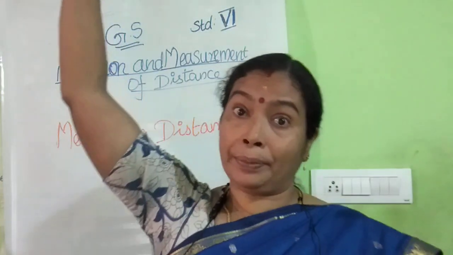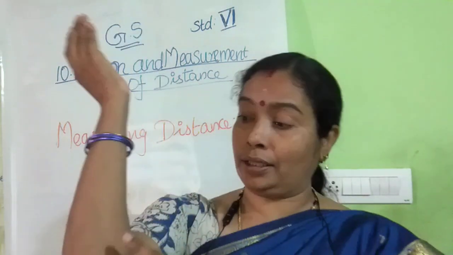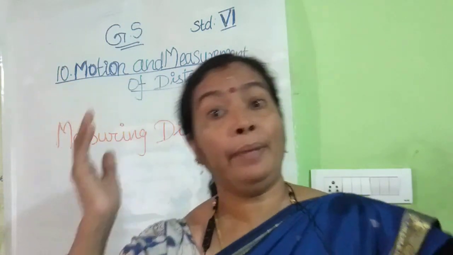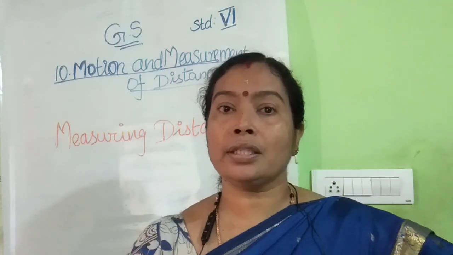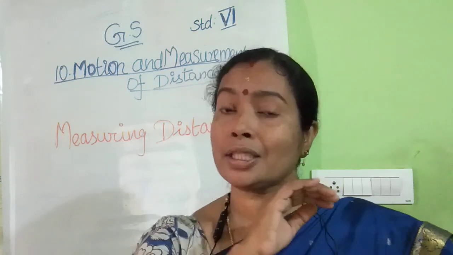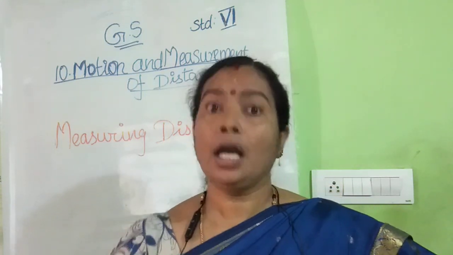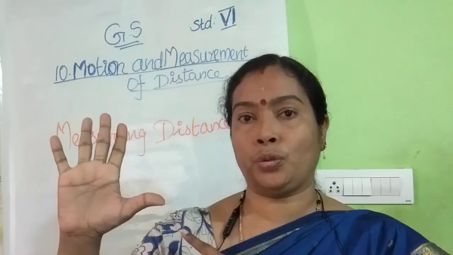If any person taller than me is measuring, his forearm length will be greater than mine. So, this measurement is not the same for all persons. Like the same, the hand span also.